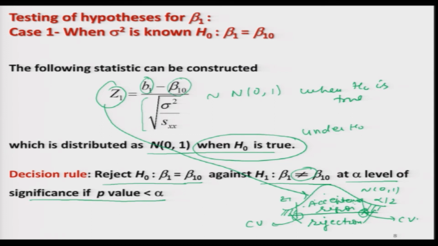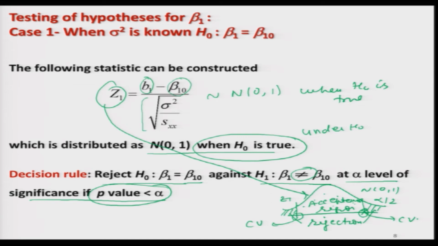This is the basic fundamental theory, but since we are going to work in software, the software usually gives the outcome in terms of the p value, and in that case the rule is to reject H naught when the p value is smaller than alpha.